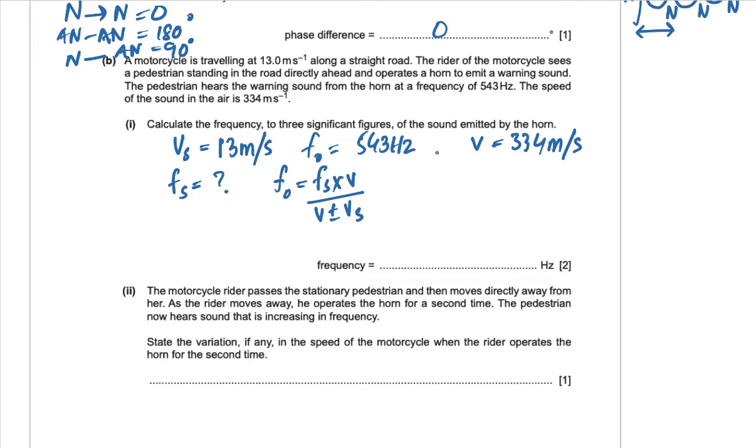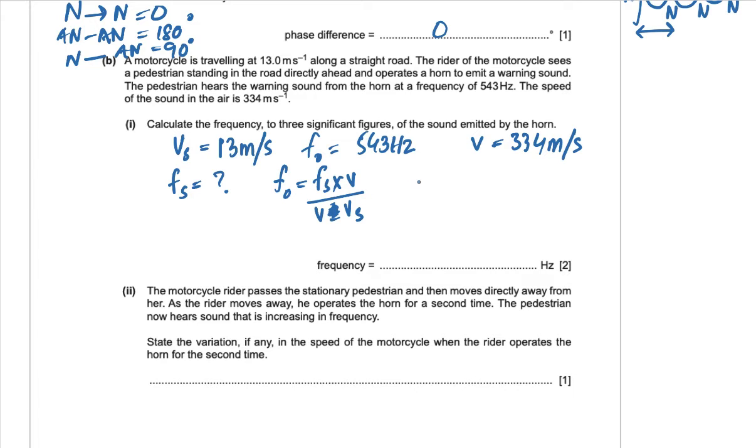Here the pedestrian is standing ahead and the rider operates the horn as a warning sign, which means that the motorcycle is moving towards the pedestrian. So we are going to consider the negative sign over here, so I'm just going to cancel this. So it's going to be the speed of sound in air minus the speed of the source.